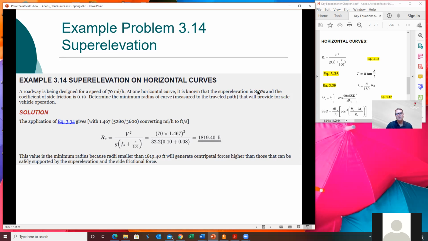I can't remember off the top of my head, but you can't go to a 10 or 12% super elevation rate in an area where you routinely get freezing, icy conditions, because as we said before, a vehicle slowly negotiating a curve like that could actually slip down. That's too steep, and the wheels could actually slide on that.